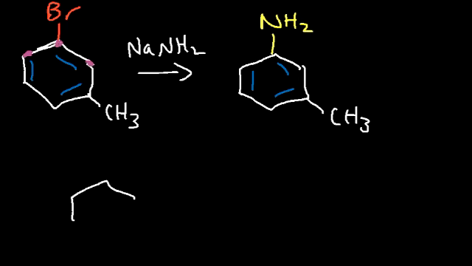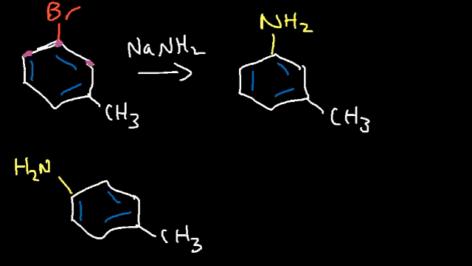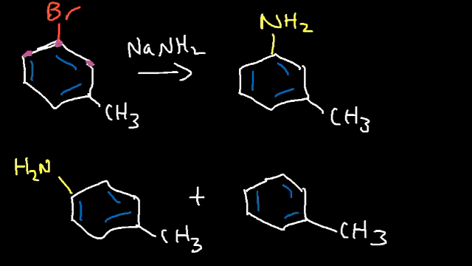Or we can put it on the left side, and so that's going to be a different product. And we can also put it on the right side. And so all 3 of these products are different. So this is the ortho product, this is the meta product, and this is the para product. So this is one example in which we can get 3 different products with the benzyne intermediate reaction.